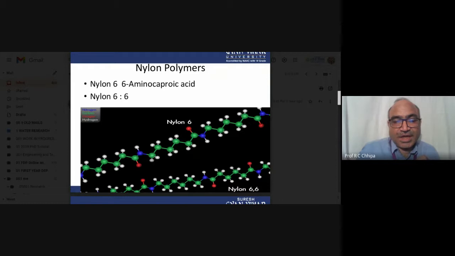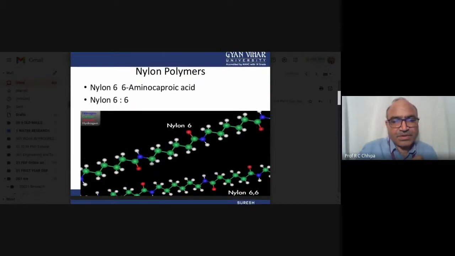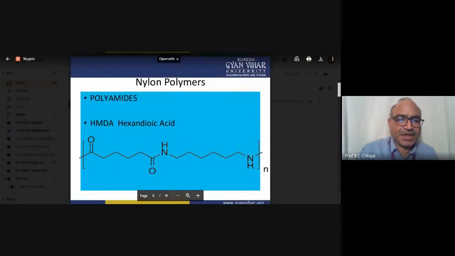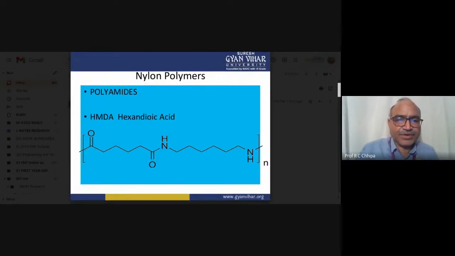Nylon 6 itself is obtained by condensation, but here it is self condensation. What is self condensation? It is like an amino acid, where one amino acid combines with another. Here, from caprolactam, we get nylon 6. In the case of nylon 6,6, it is another way: a six carbon dicarboxylic acid, hexane dioic acid, which I discussed, and hexamethylene diamine.